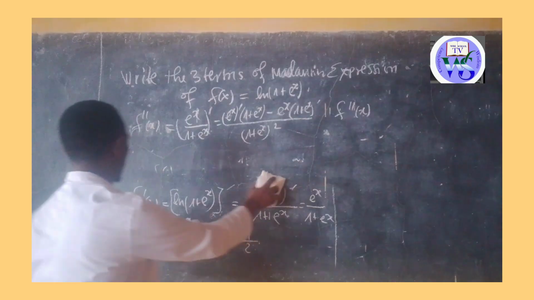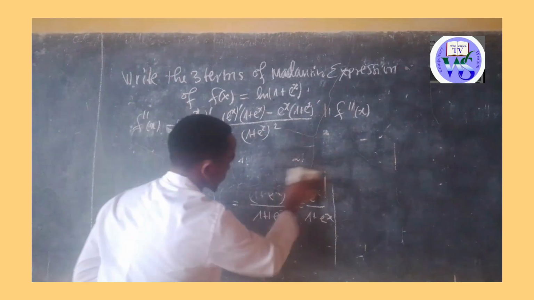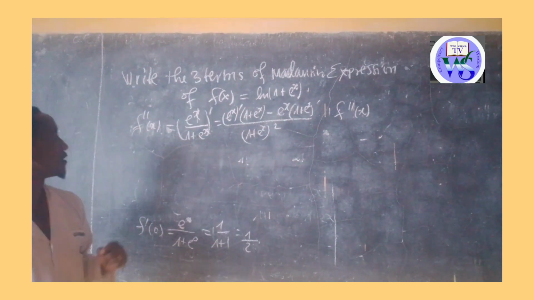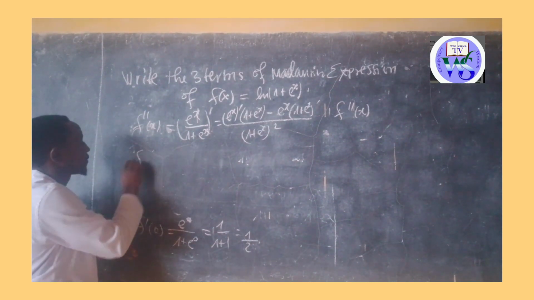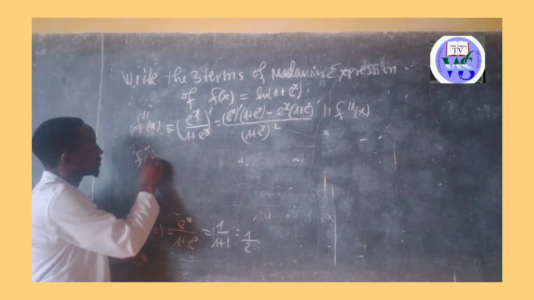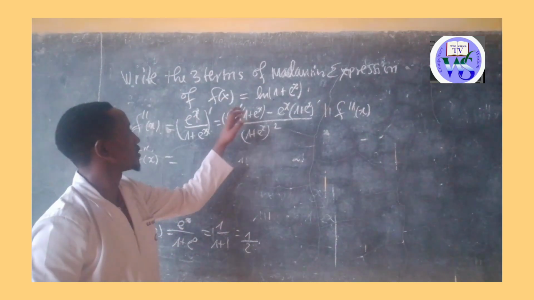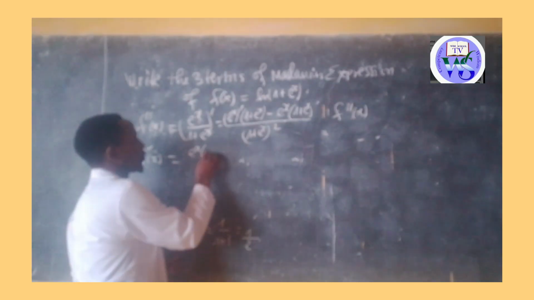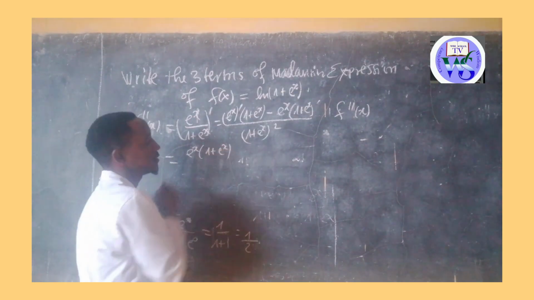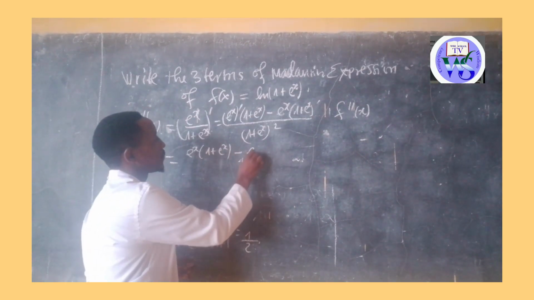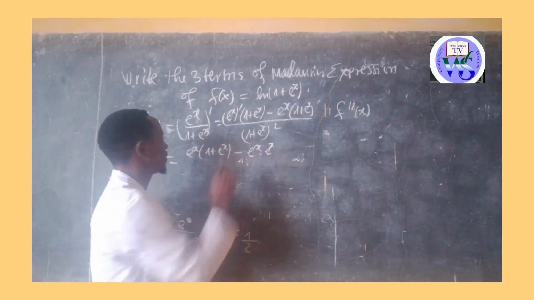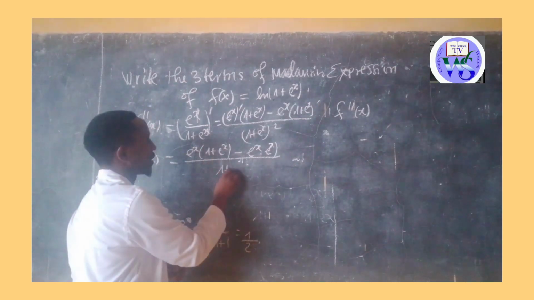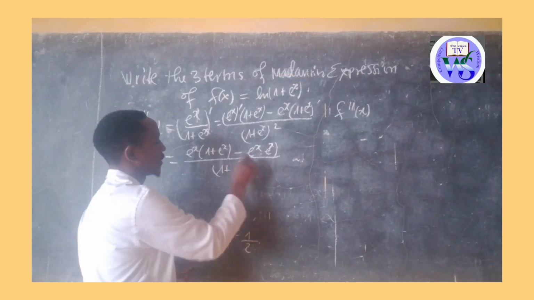So let's continue. When you derive this, it is equal to e power x times 1 plus e power x, minus e power x times e power x, divided by 1 plus e power x to the power 2.